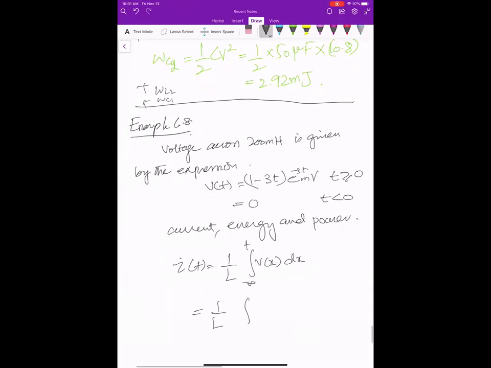But we need to split it as minus infinity to 0, because we have two conditions given with respect to time, and 0 to t of v(x) dx.